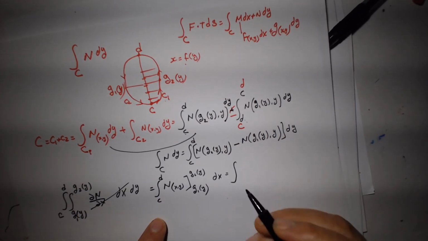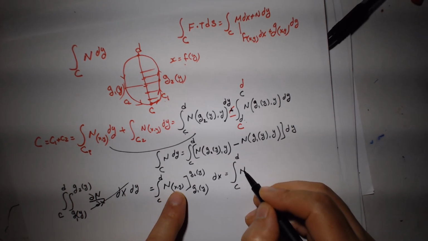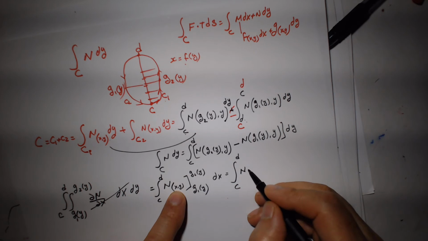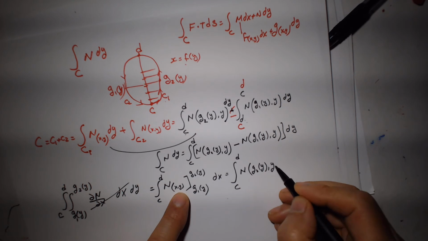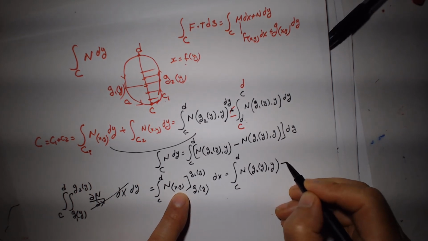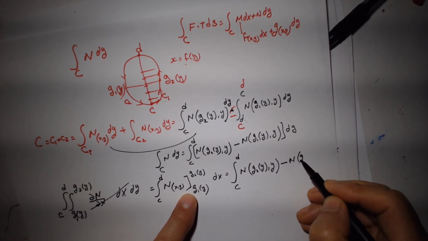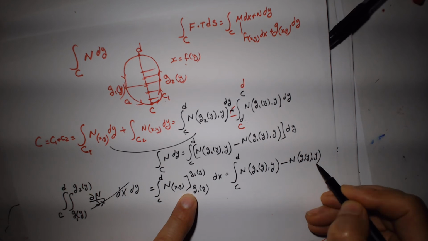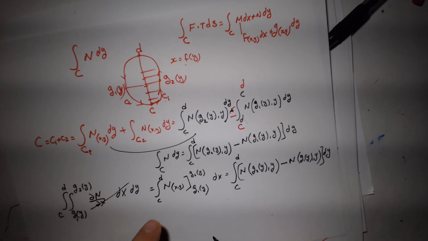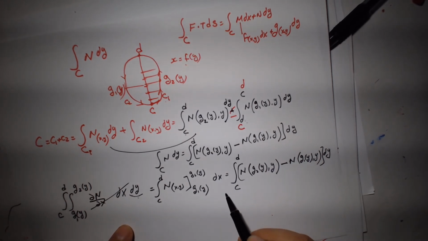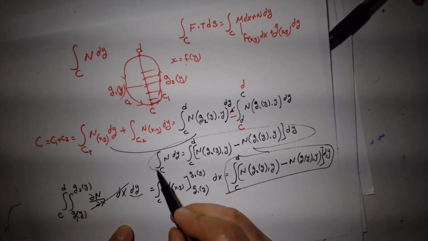Then this becomes the integral from c to d of n, remember x varies, x is g2 of y comma y, minus, because you have to put f of b minus f of a, n of g1 of y comma y dy, which is dy here. Tell me, is this and this exactly the same?